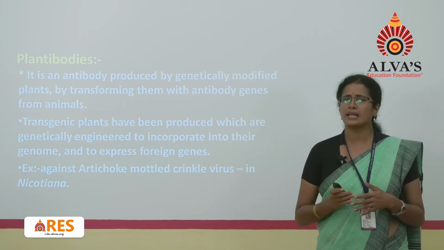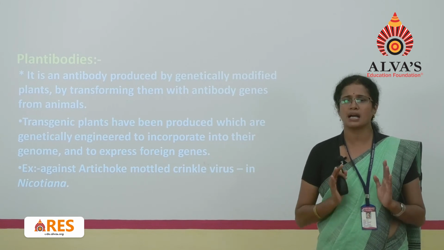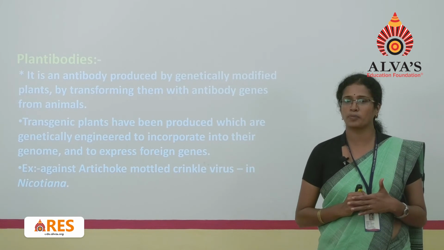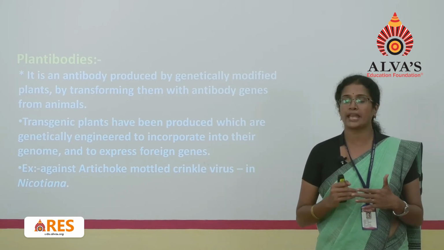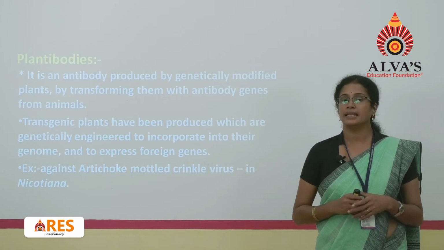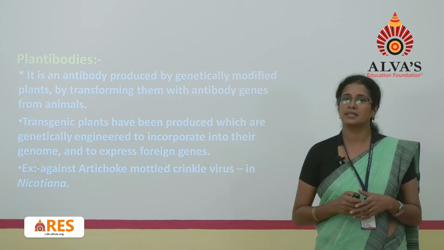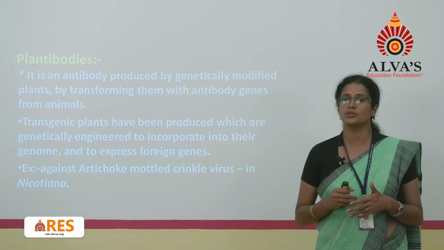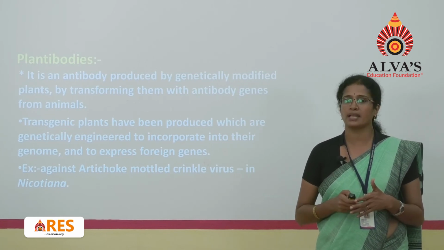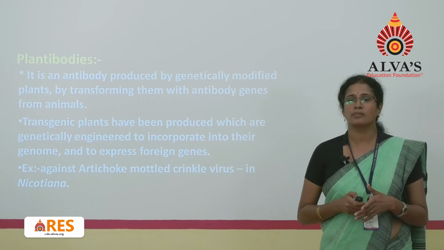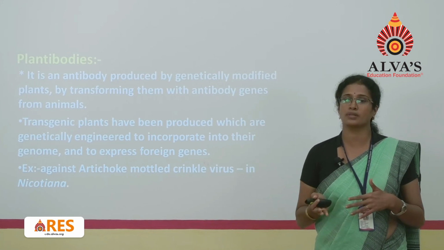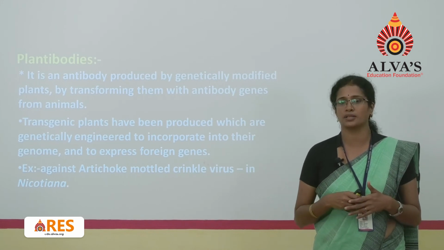Very commonly these plantibodies are seen in transgenic plants which incorporate in their genome foreign genes to express. For example, in Nicotiana plant, genes are introduced which can start fighting against the artichoke mottled crinkle virus, which has been imported from the animals to this particular plant.